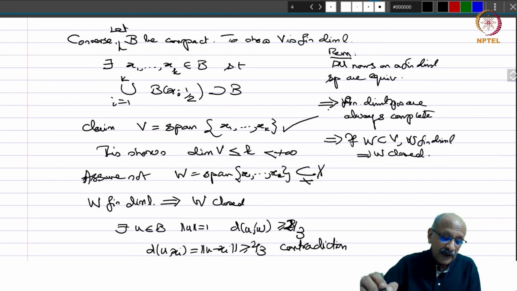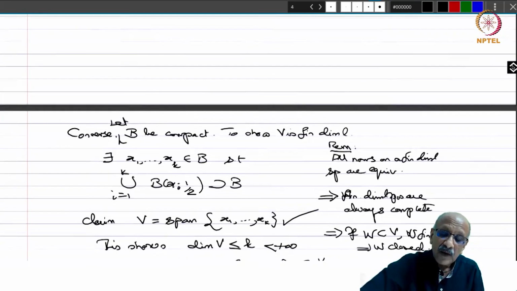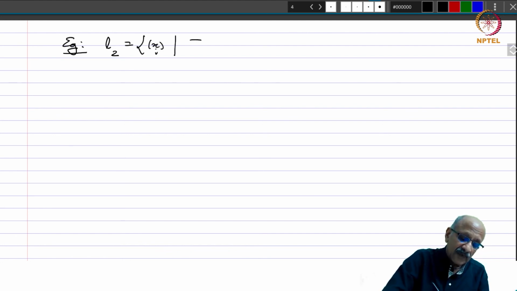So, a finite dimensional space is characterized by the compactness of the ball. In infinite dimensional spaces, the unit ball or a closed bounded set is never compact. So, let us check in an example explicitly. Let us take little l2. This is the set of all sequences xi such that the sum of mod xi squared is finite.